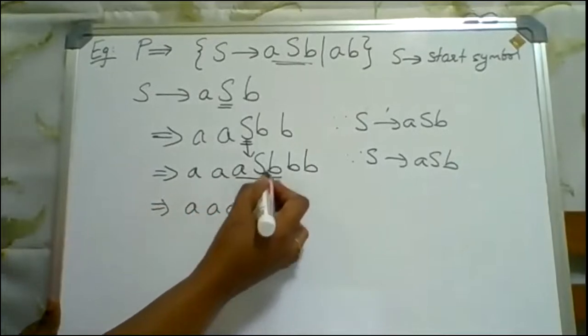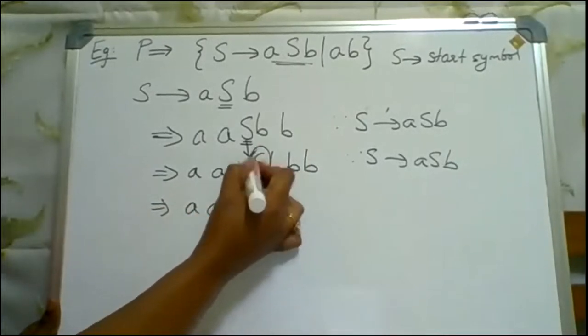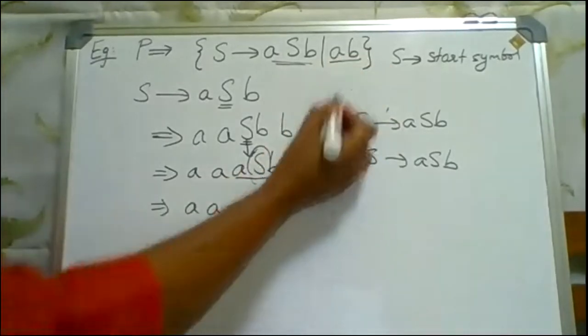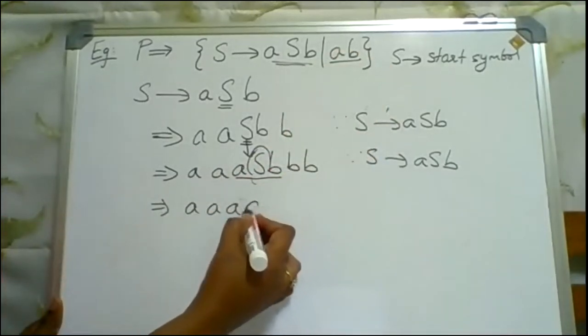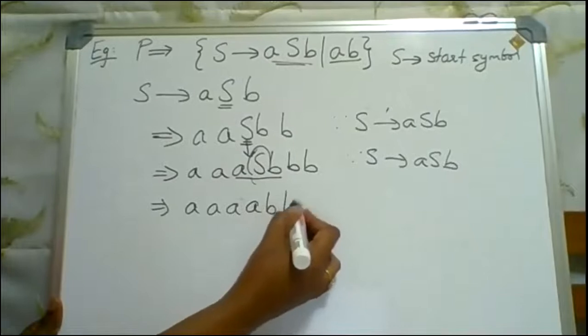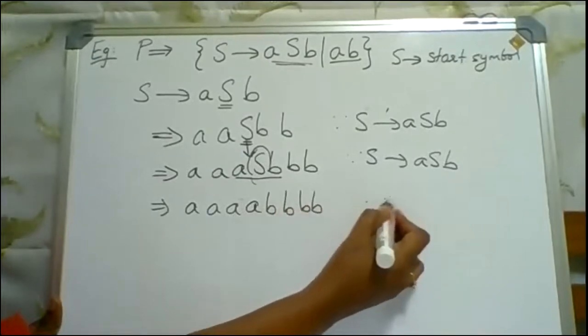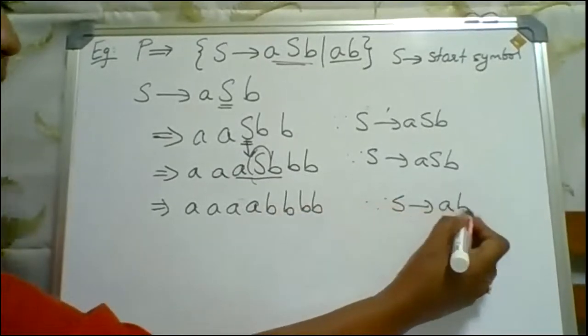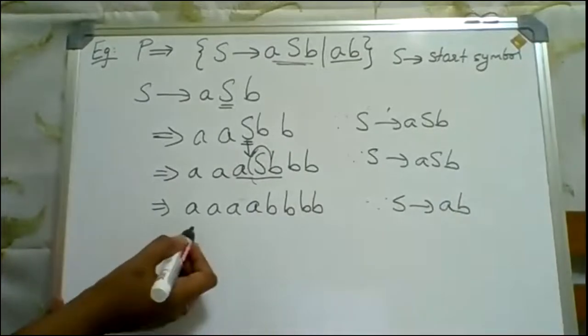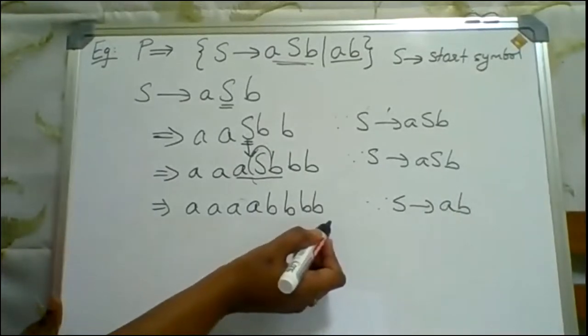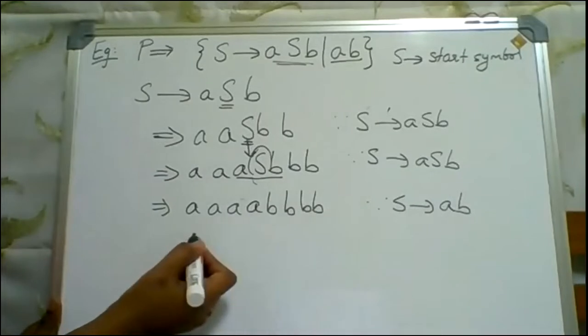In the next step, let me replace the variable S with the production AB. So, S is replaced with AB and we have 3 B's. Here, if you see, there are no variables, only terminals.